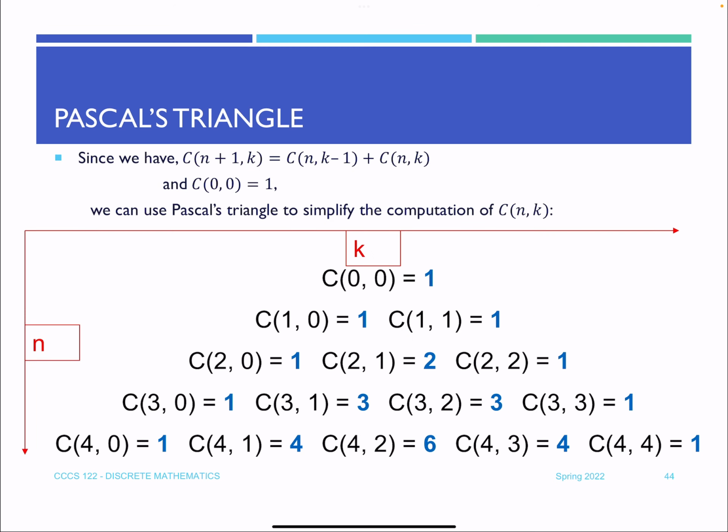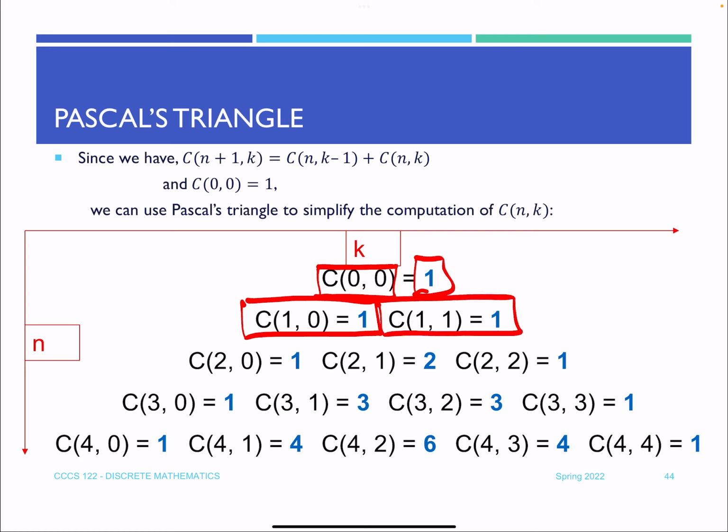Now there's an interesting relationship between Pascal's triangle and the binomial coefficients, and I'll show you that now. So C(0,0) is 1, fine. C(1,0) is 1, C(1,1) is 1.